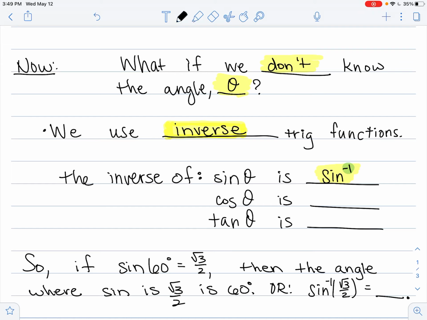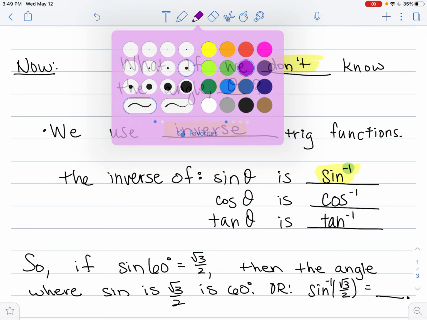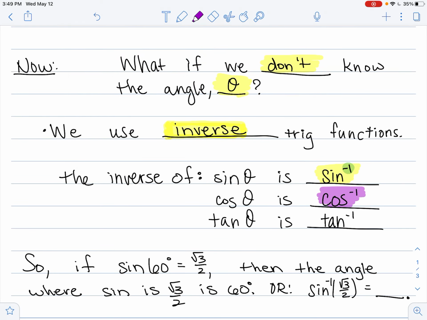The inverse of cosine is inverse cosine, and the inverse of tangent is, of course, inverse tangent. Go ahead and take your highlighters if you need to, and really color this in, make sure it's really in your brain.